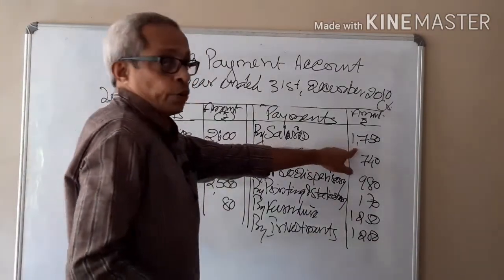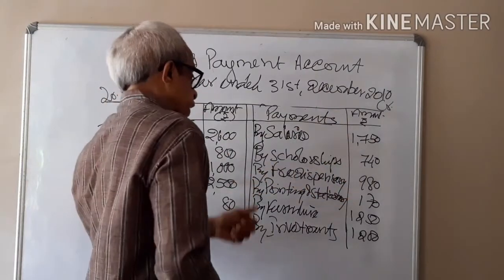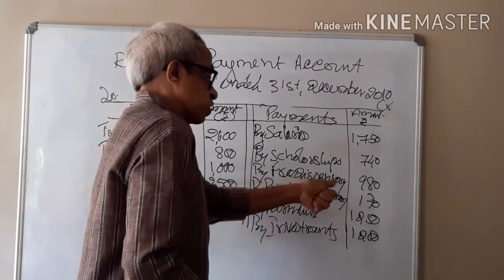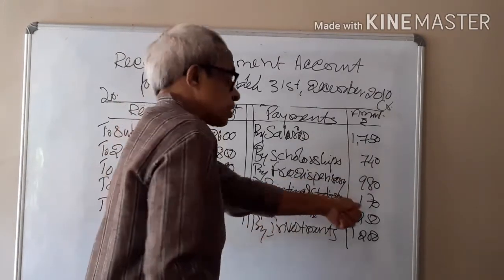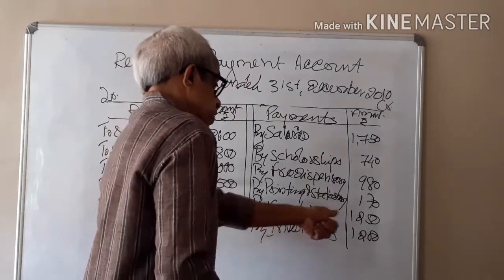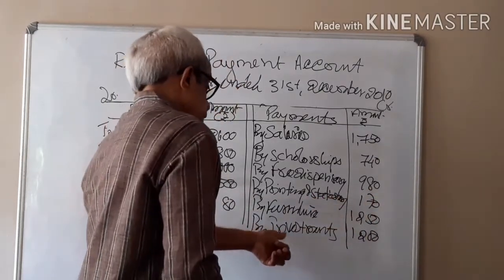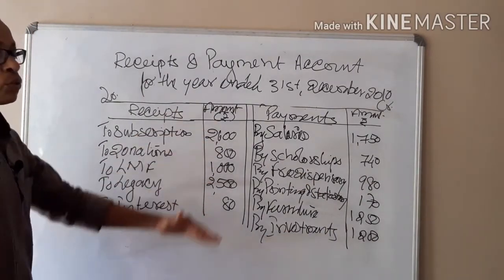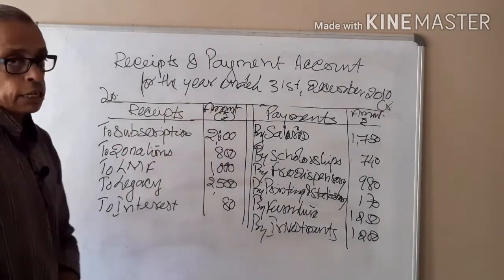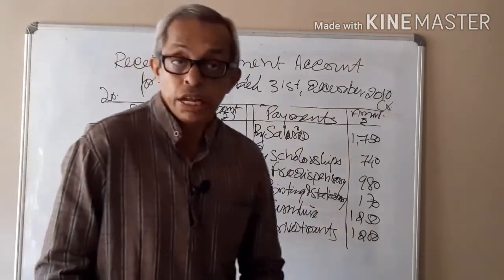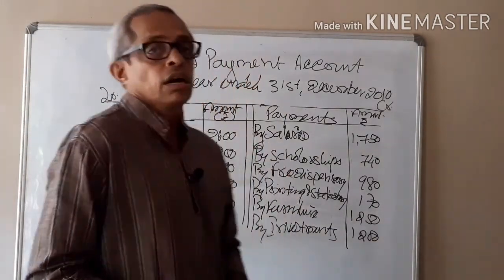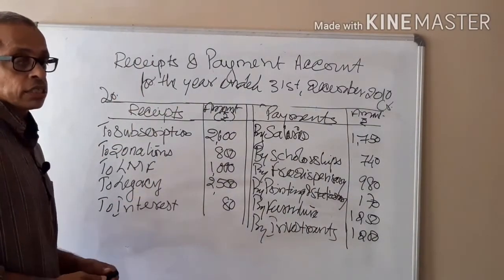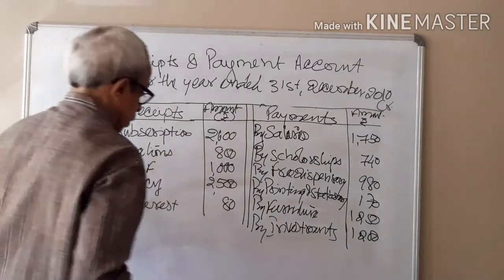Then salaries paid during the year 1750, scholarship 740, free dispensary 980, printing and stationery 170, furniture 1250, then investments. These are the items. So what we have to do is balance these receipts and payments account, and the balancing figure will be the cash balance of that particular non-trading concern.